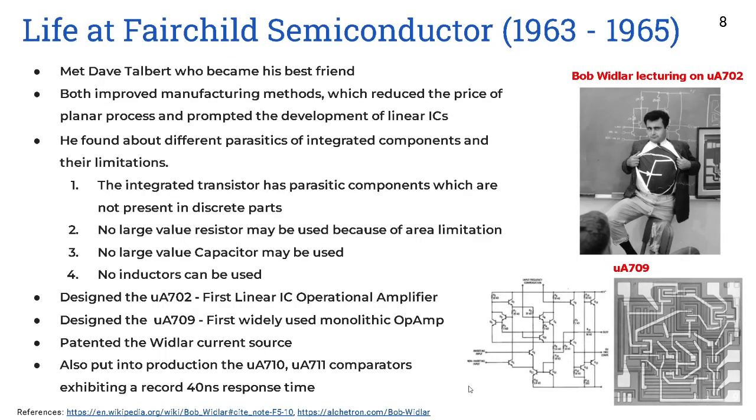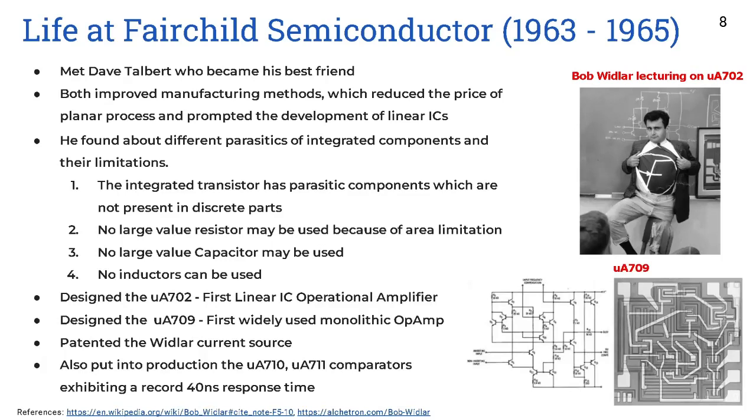So later, in Fairchild Semiconductor after 1965, he found out that because of his inventions, the company was getting a lot of money. So he and Dave Talbot went to the management and asked for money, but they didn't give them any.